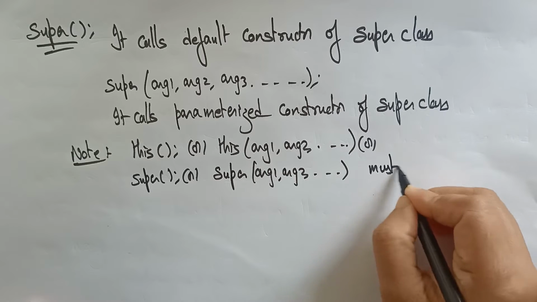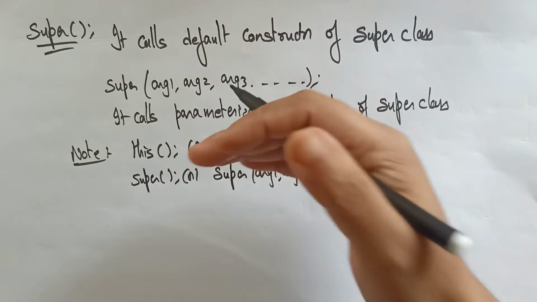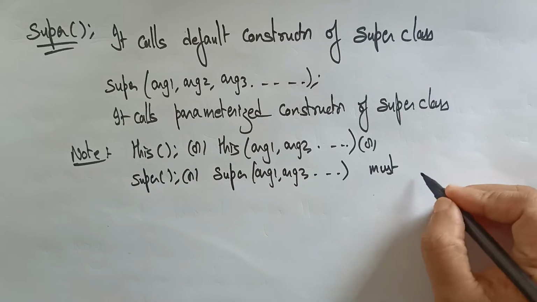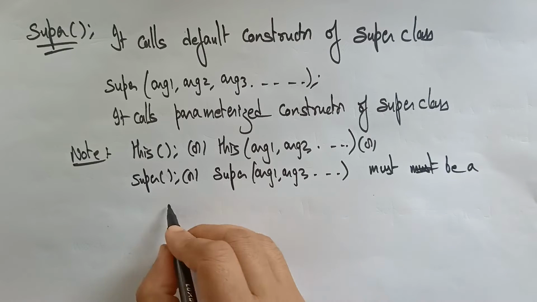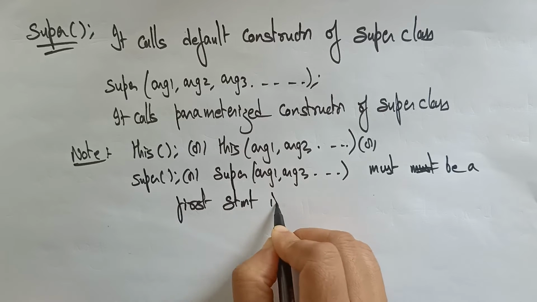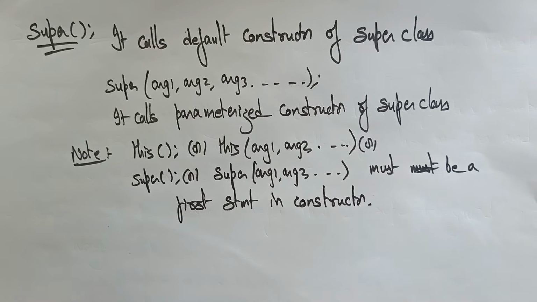Even though implicitly it will be the first statement, whenever the compiler calls, this and super will be executed before the constructor. By default, it is the first statement in a constructor.